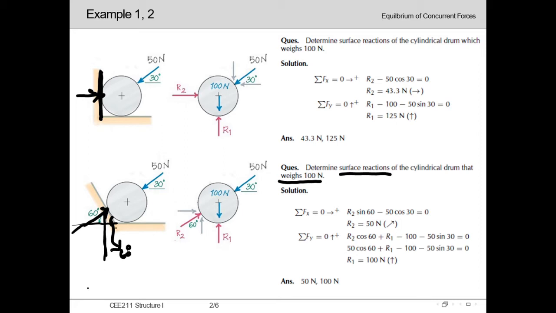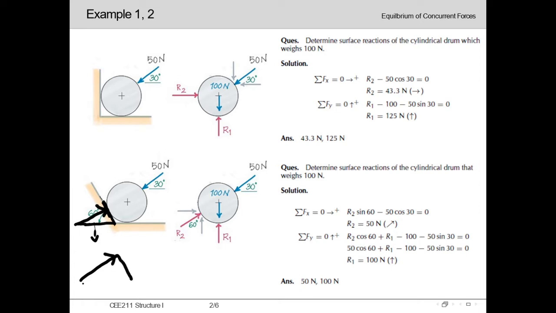So as the plane is at 60 degrees, we can see here clearly, here is the plane which is at an angle of 60 degrees, and the surface reaction at this contact surface will be perpendicular to this plane.